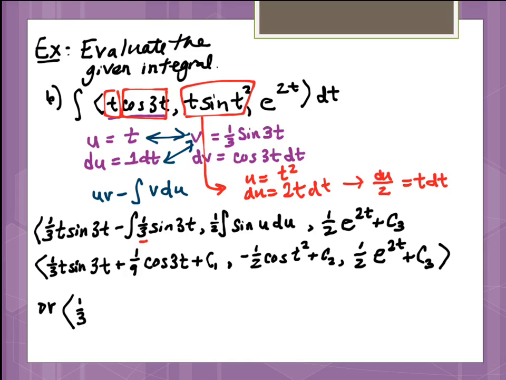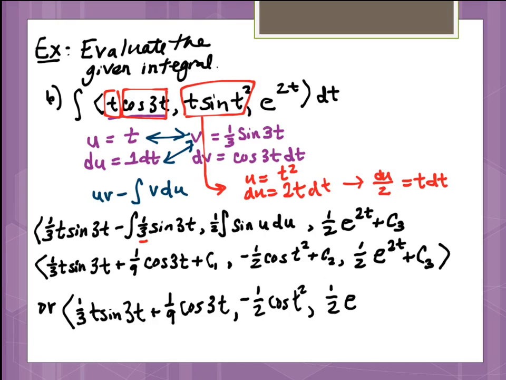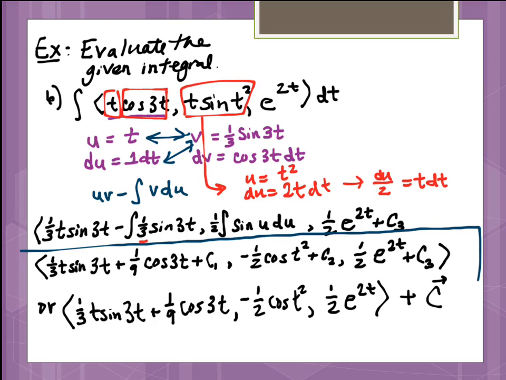We could have 1/3 t sine 3t plus 1/9 cosine of 3t, and then negative 1/2 cosine of t squared, and 1/2 e to the 2t, and then plus c, and c here is actually a vector c. You can either put the vector on top or not. I'm just going to put it there to remind you that it is the vector c1, c2, c3. That's why it's showing up outside there a little bit differently. So either of those would be a version of an acceptable answer.